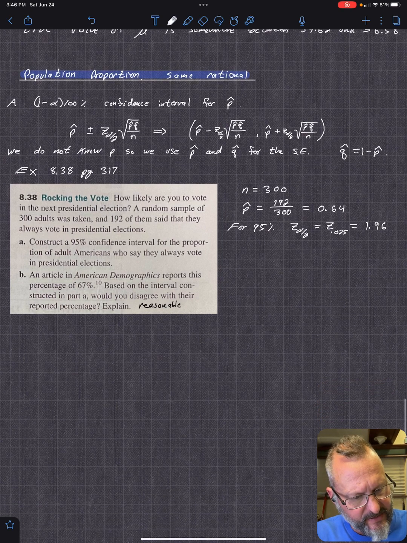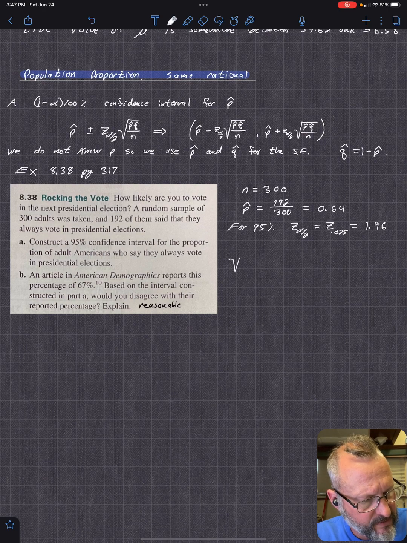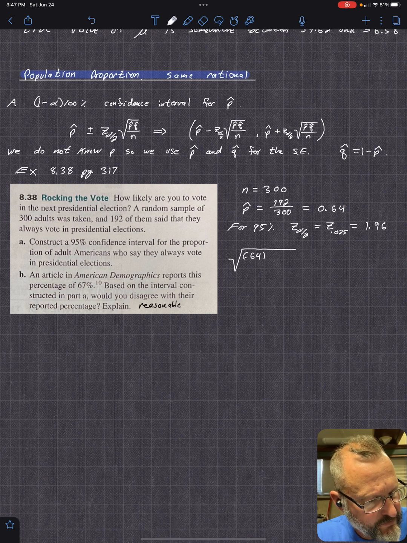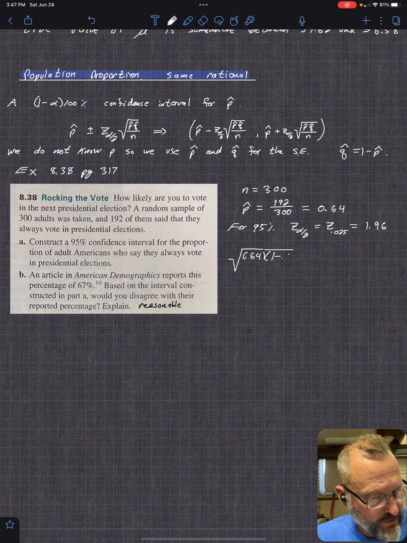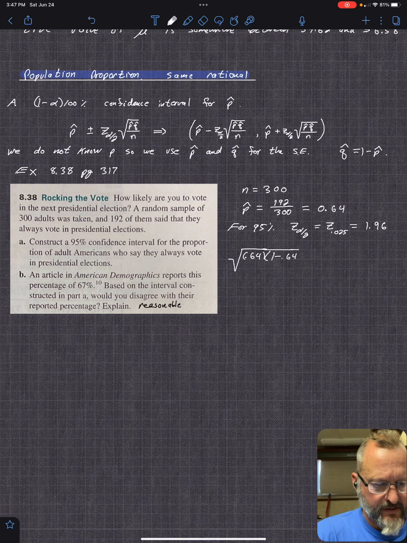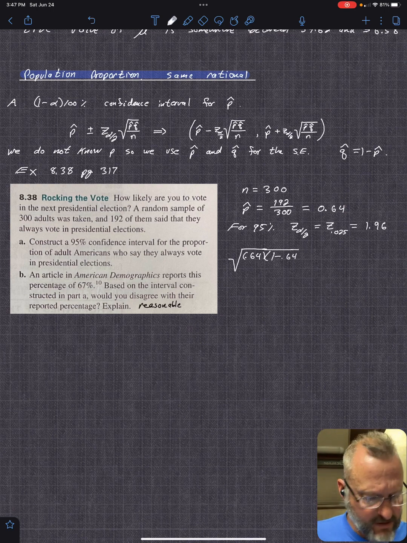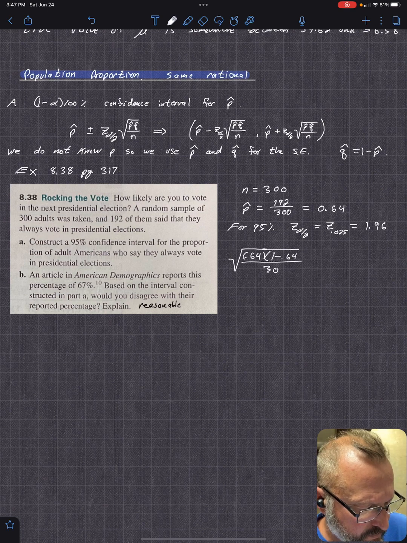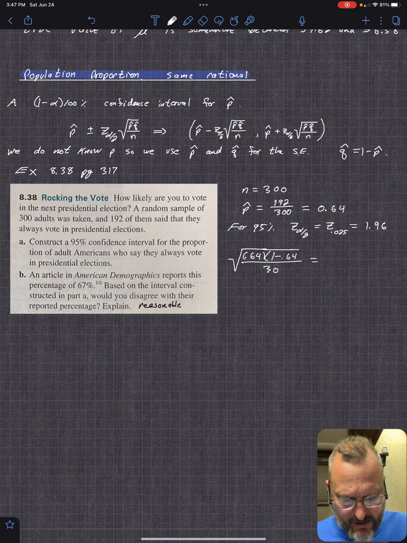All right, let's calculate the square root now, doing this a little separately in pieces. The square root of 0.64 times, and I don't know q, so we'll just do 1 minus 0.64, and then we divide by 300. You can write that out in pieces.